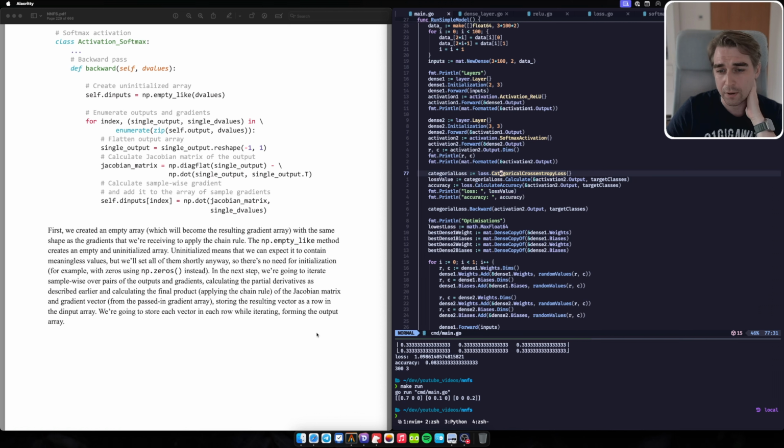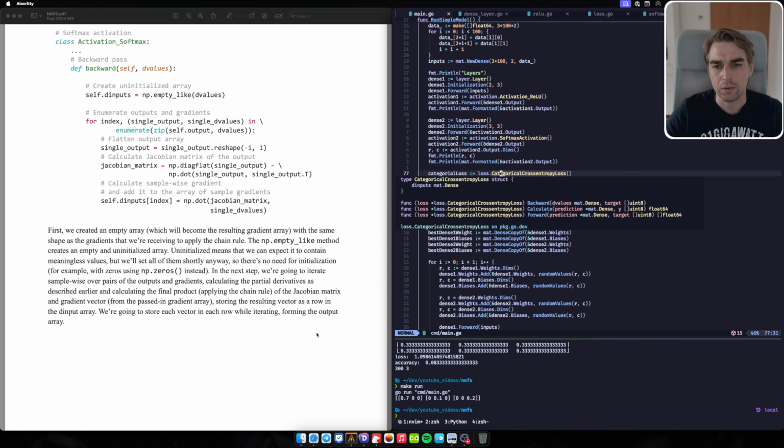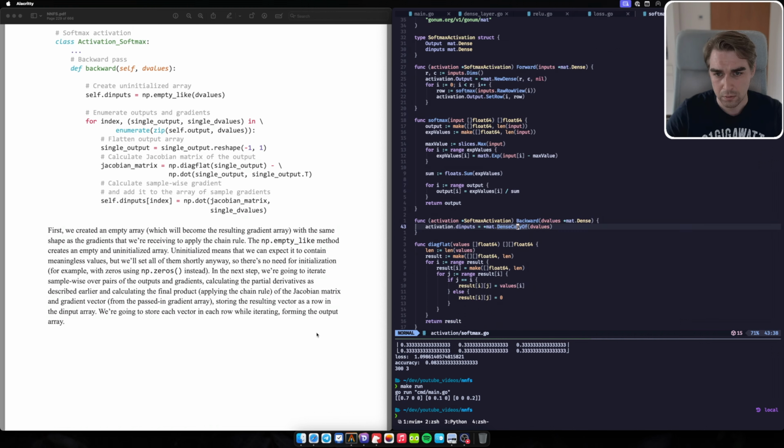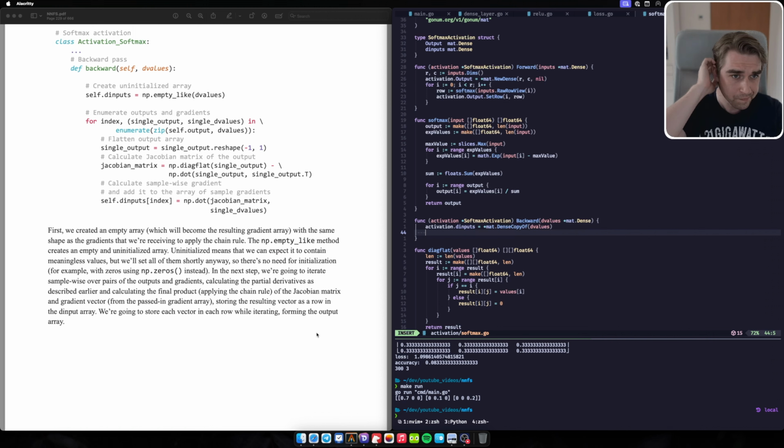So I guess the dvalues will be the results, well, not the output, it's the dinputs from the categorical cross-entropy loss, right? But we do enumerate.